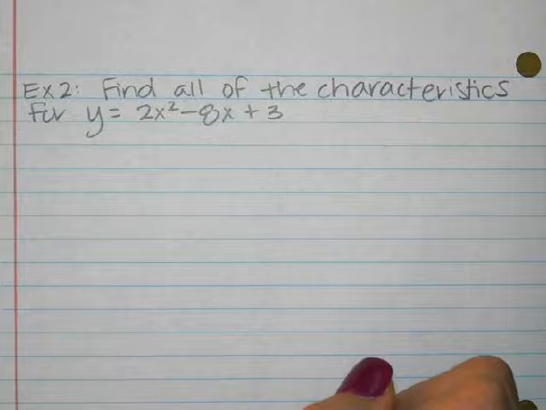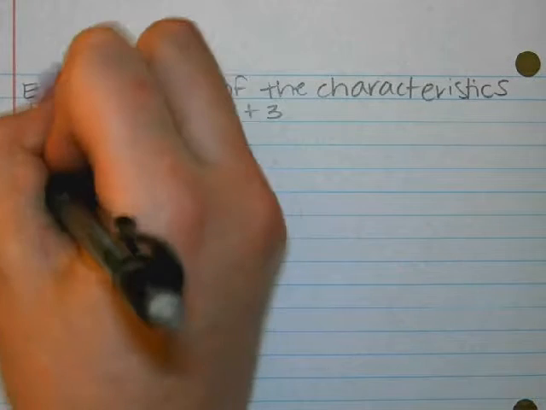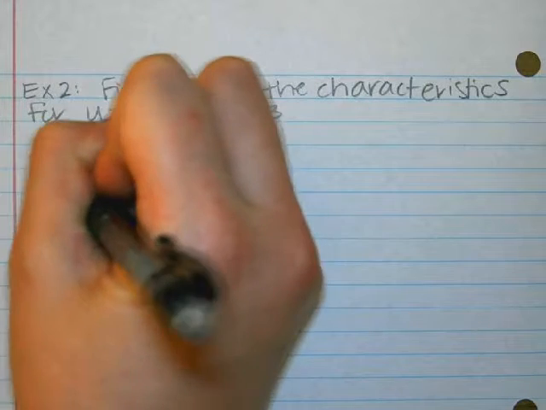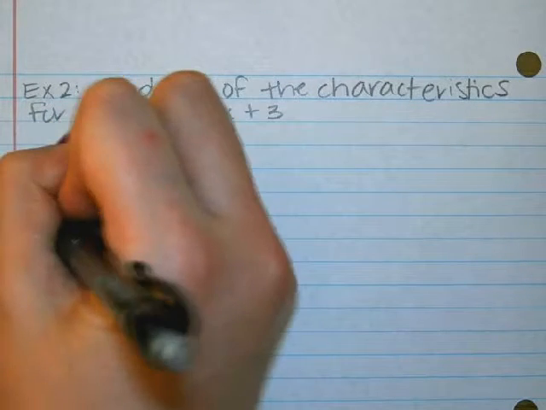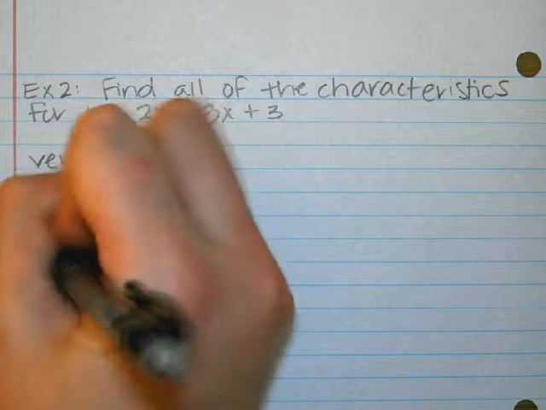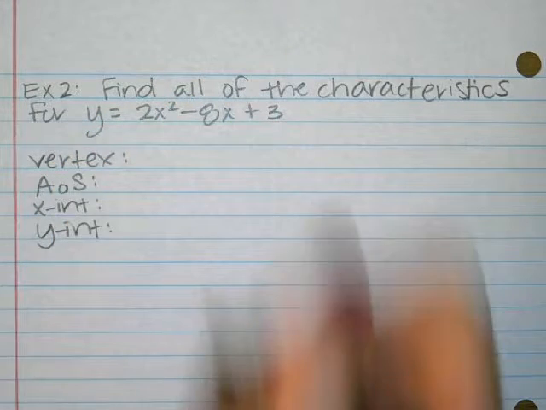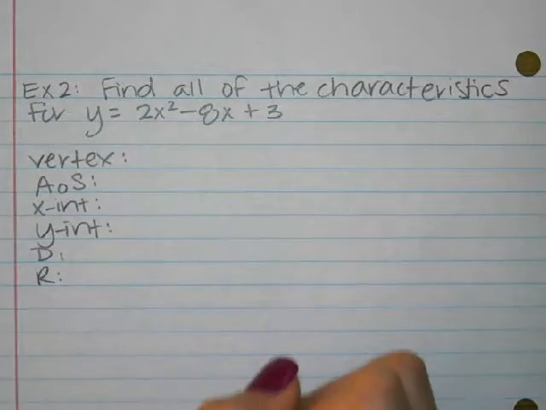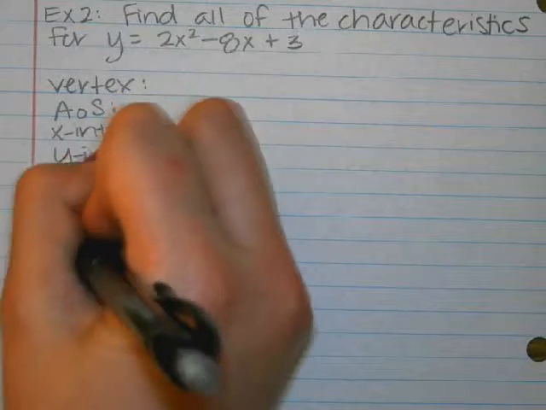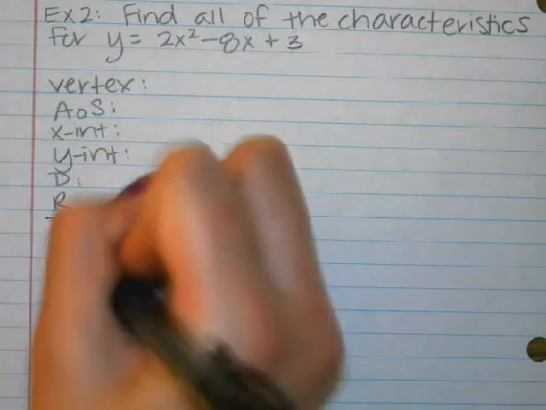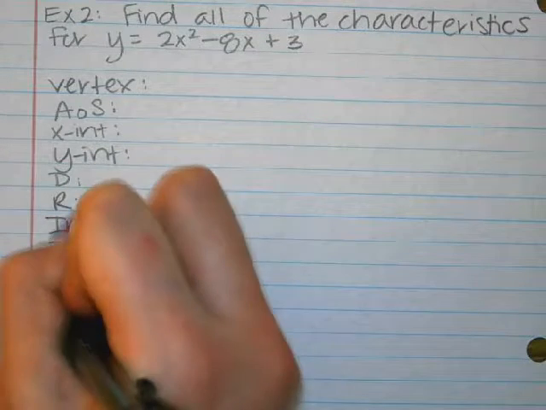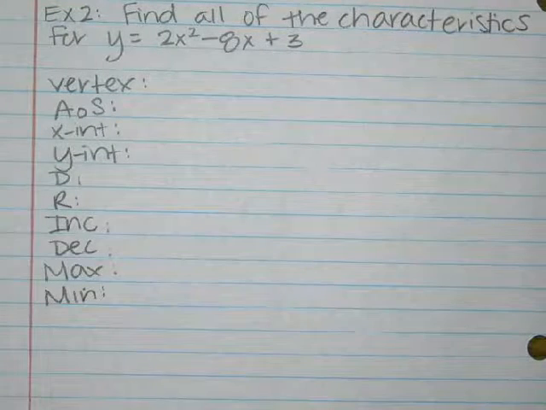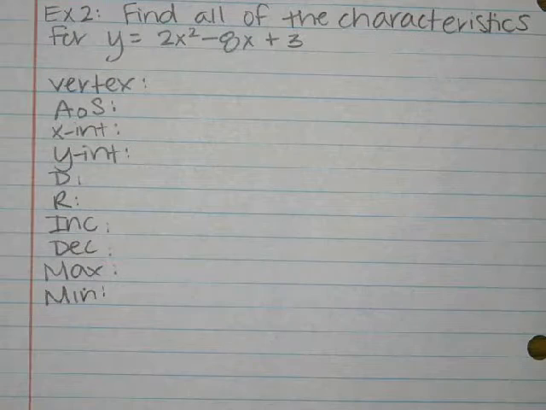So when we look for all of the characteristics, we're looking for the vertex, the axis of symmetry, the x-intercepts, the y-intercept, the domain, the range, the increasing, the decreasing, the max, and the min. That's a lot of things. It is a lot of things, yeah.